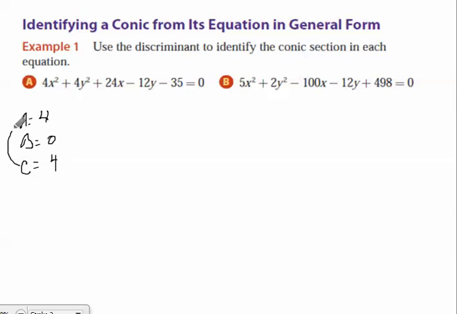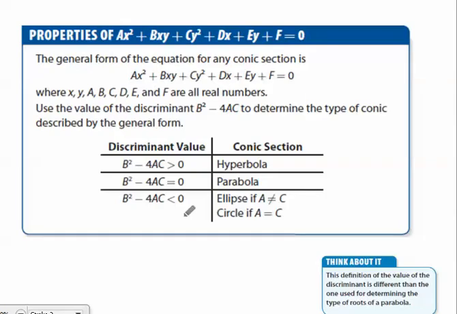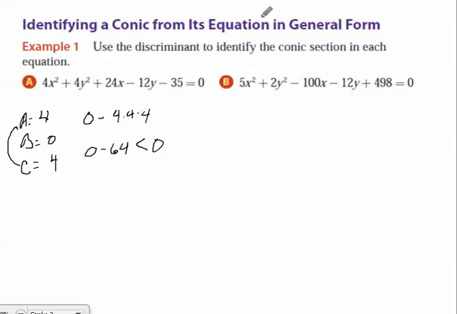Well, A and C are equal here, and B squared is 0 minus 4 times 4 times 4. That's 64. So I've got 0 minus 64. That's definitely less than 0, right? So let's go back here and look. Less than 0. It's either an ellipse or a circle, and A and C are equal. This is a circle.